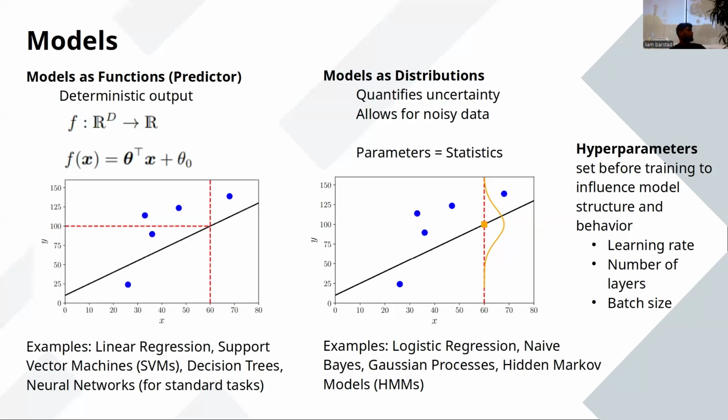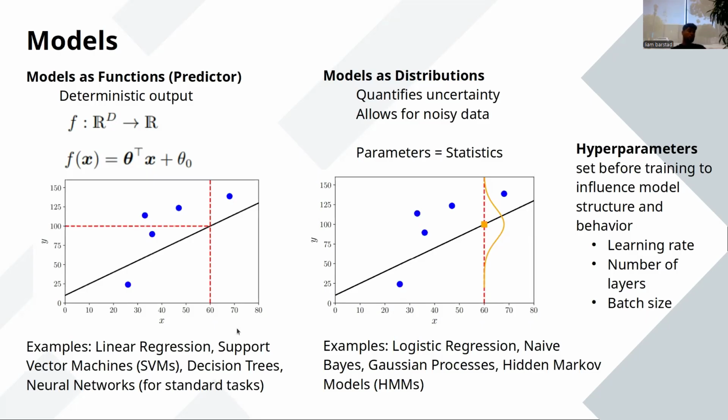The example that they gave was in that second equation there, which is an affine transformation, or family of affine transformations, with these parameters theta. So the difference being, a predictor outputs a particular value, a distribution outputs a distribution, and some examples of predictor functions are linear regression, support vector machines, decision trees, and neural networks.